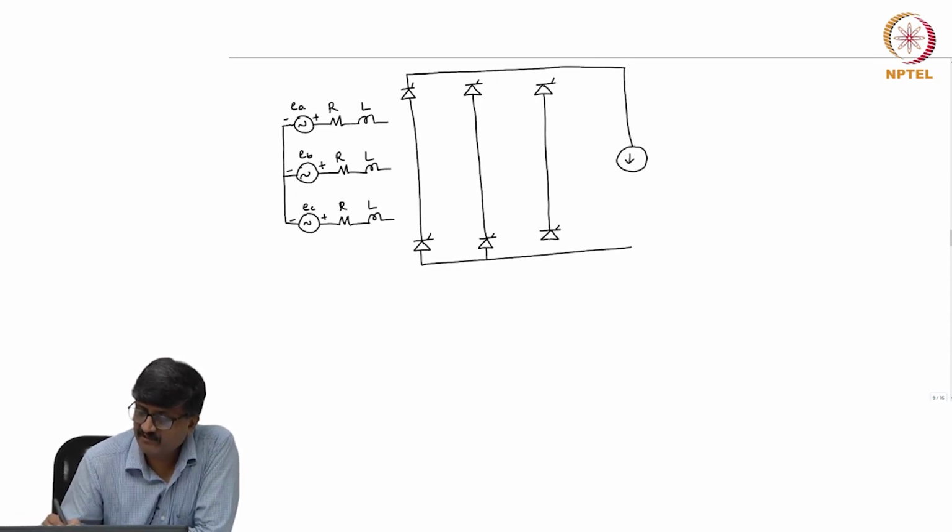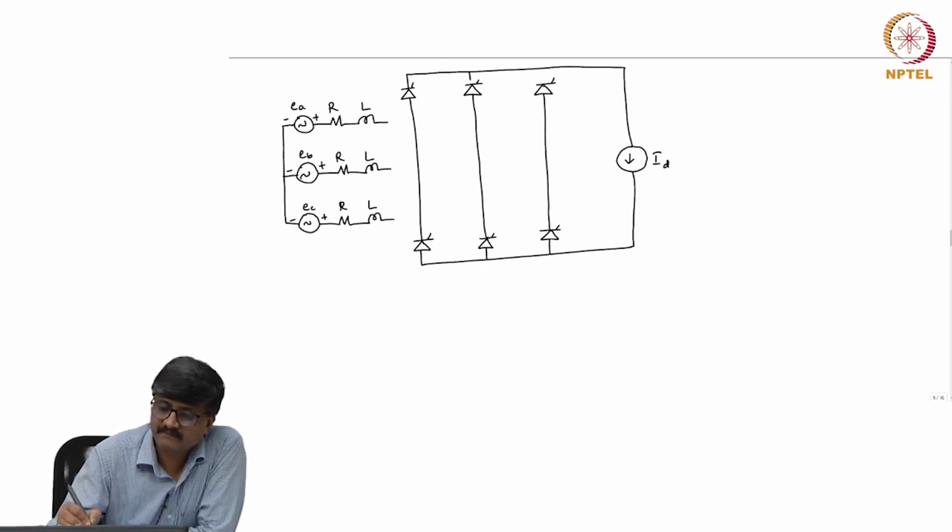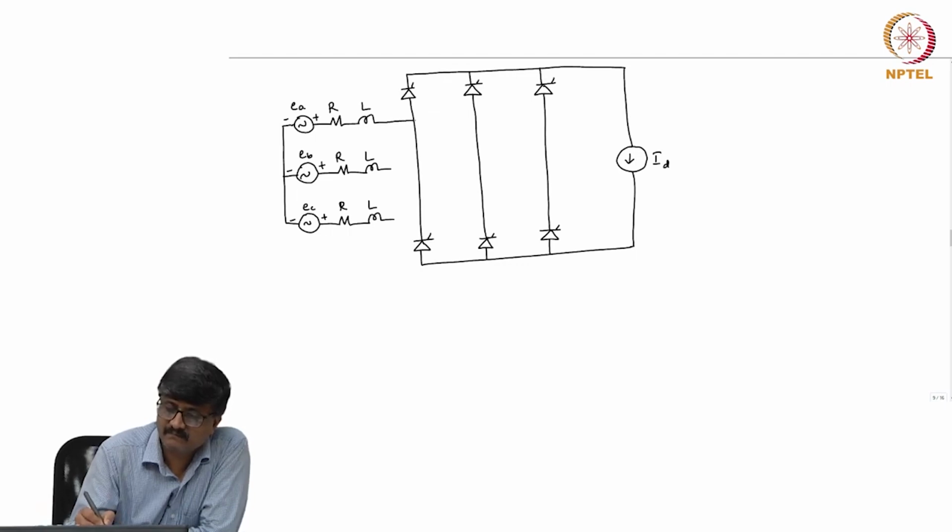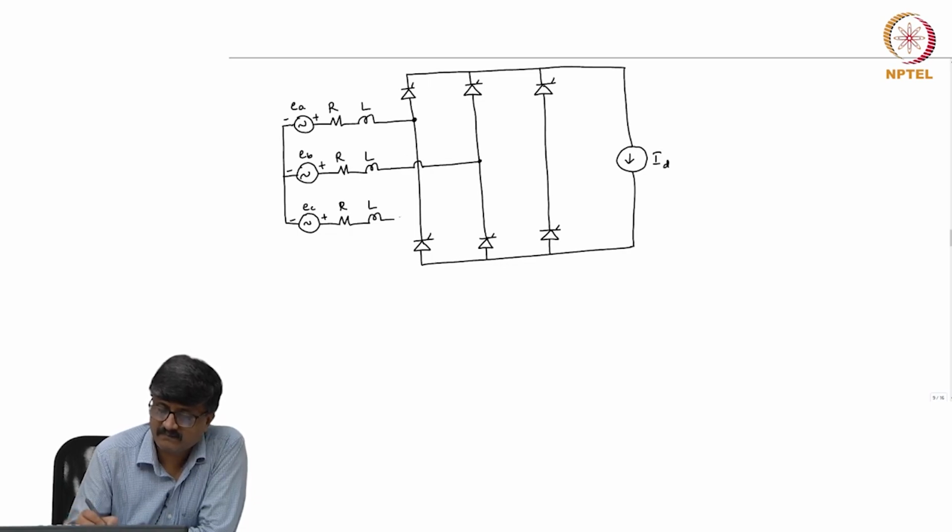So, on the DC side we have a constant current source I D. So, these are valves 1, 3, 5, 4, 6, 2.